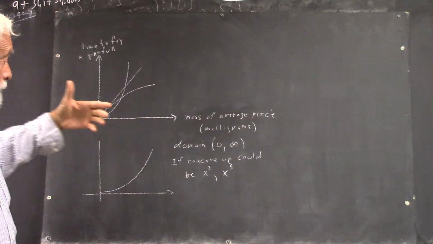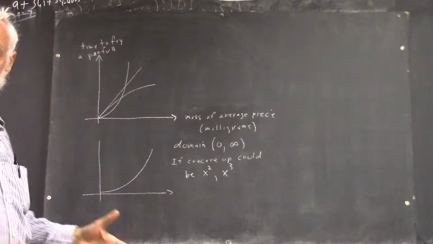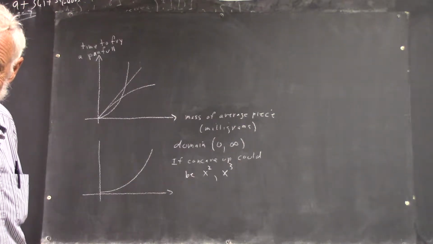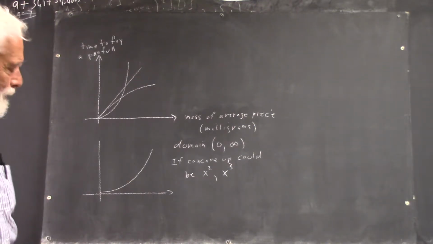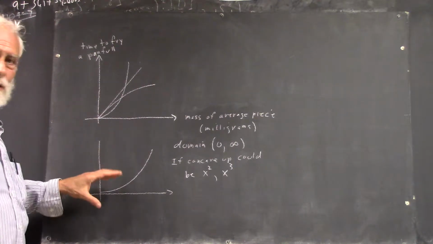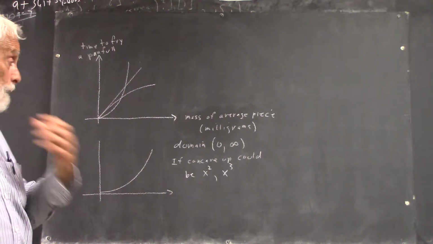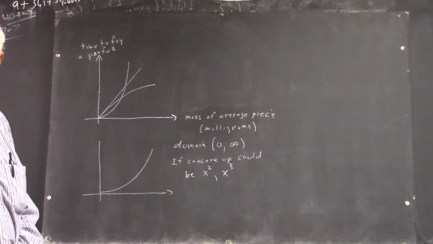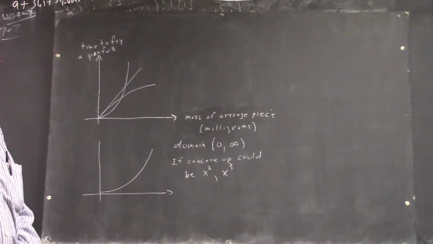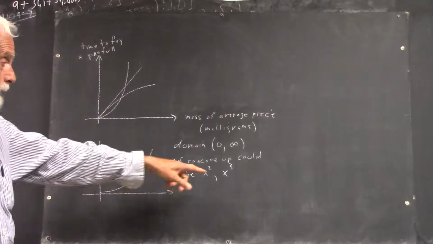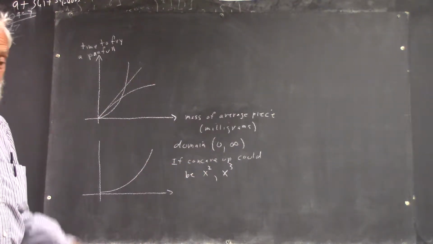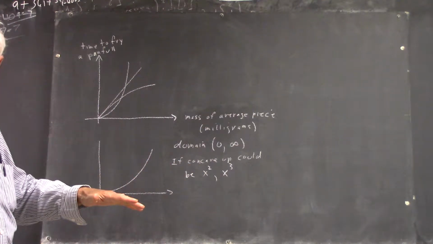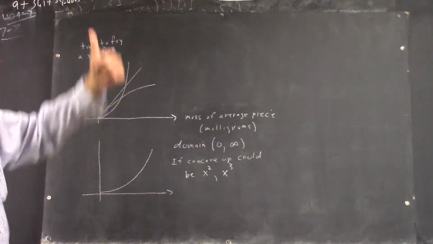Now, if you say, well, let's heat the oil first and then do it, okay? There'd still be a delay, but you can worry about things like that. So, when you're trying to apply these functions in the real world, you got to think about those things. What's the range? Okay? If the range is from 0 to infinity, that could be like x squared or x cubed. If there's a delay, then it's from whatever that delay is to infinity, right?